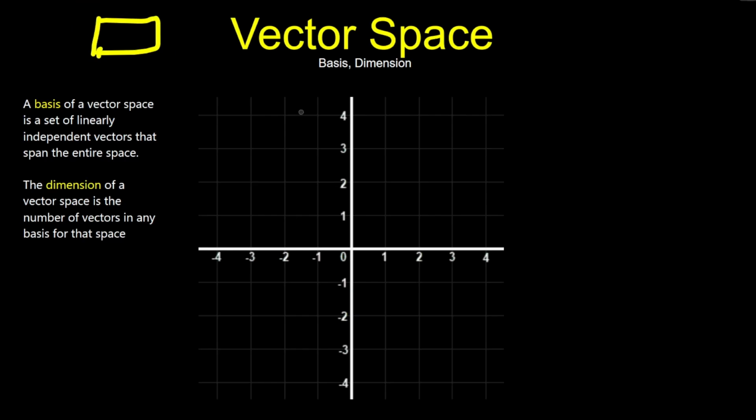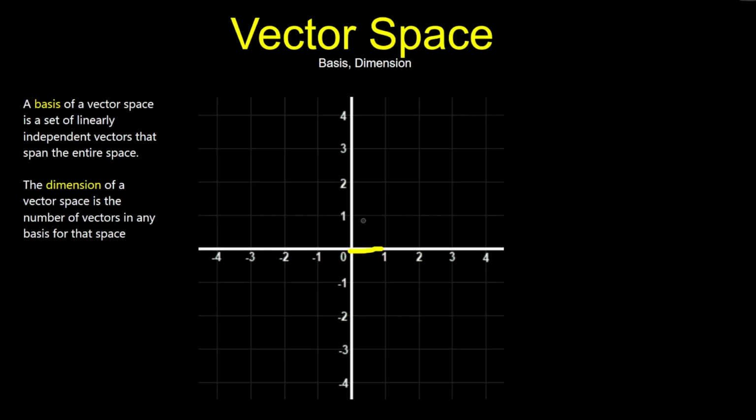So let's take an example of these two vectors, 1 comma 0 and 0 comma 1. These are called the standard basis vectors of R2, the 2D plane, because these two vectors are linearly independent and they can span every vector in the 2D plane R2.